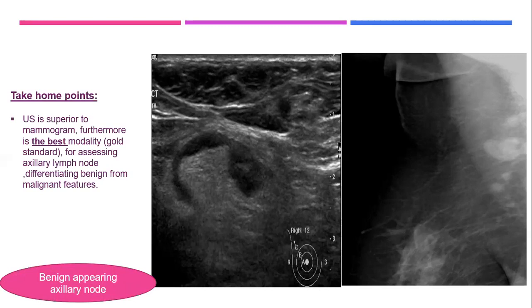And these lymph nodes, benign appearing on mammography but suspicious on ultrasound, can be missed based on mammography. If we look at these, we can say these are suspicious lymph nodes, dense, lacking hilum. But in this case, it was benign.